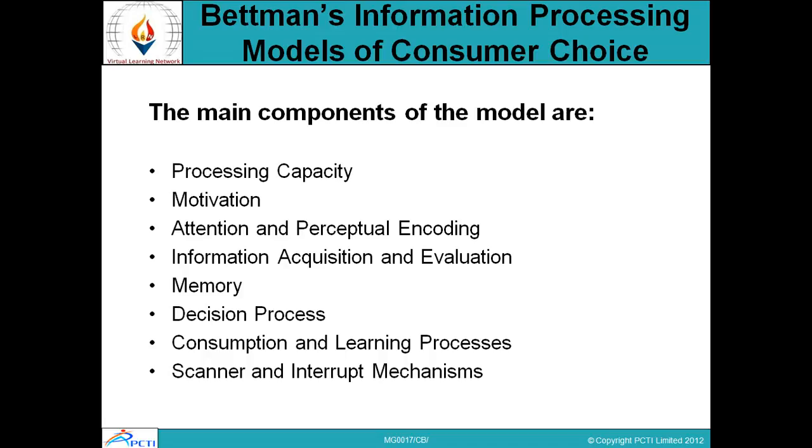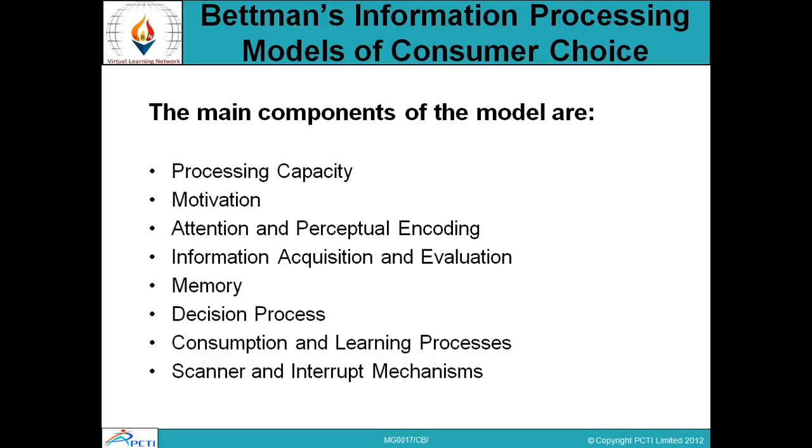The first component is processing capacity. What do you mean by processing capacity? Each individual has a limited capacity to process information. All information cannot be processed by one person because every person has their own capacity.